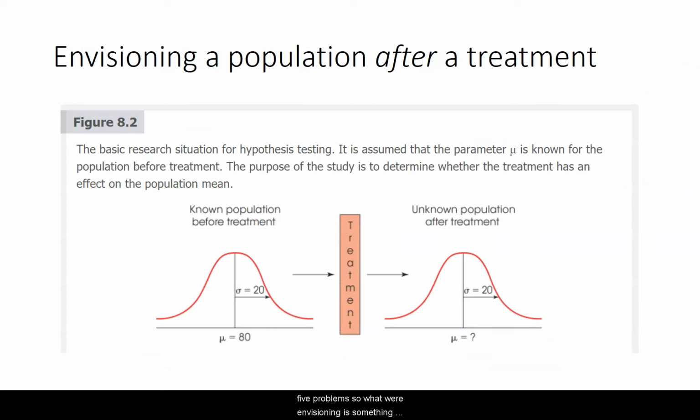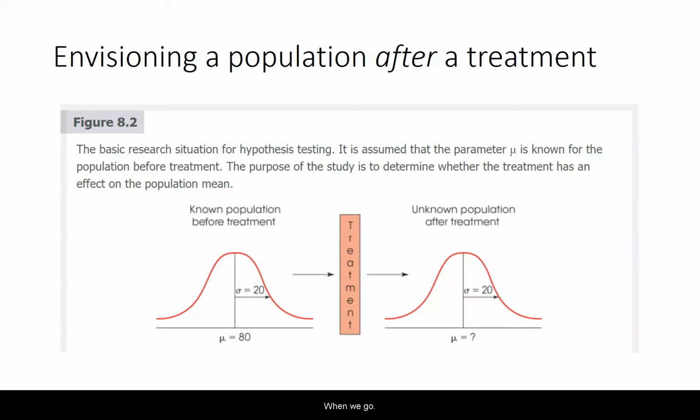So what we're envisioning is something about a population after a treatment. In this Thanksgiving New Year's business, it was after they went through the holidays. So the basic research situation for hypothesis testing, of course, these are right out of your chapter. It's assumed that the parameter mu is known for the population before the treatment. The purpose of the study is to determine whether the treatment had an effect on the population mean.